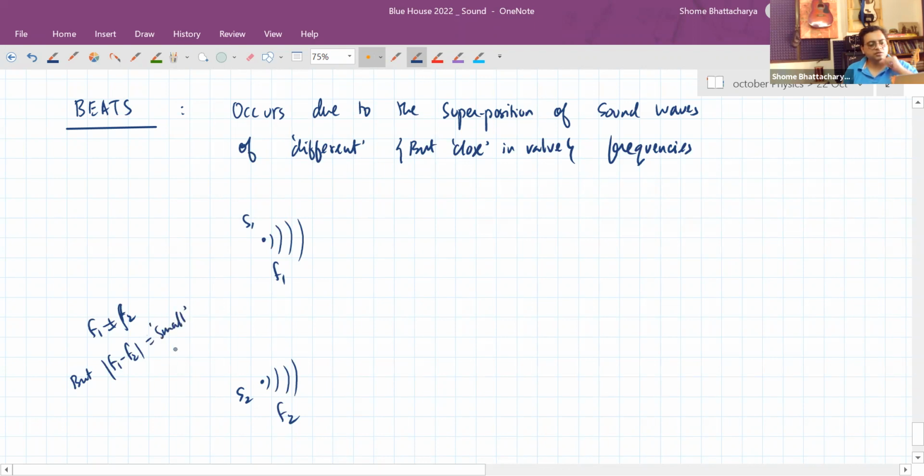So by small we mean it is less than or equal to about 5 hertz. So the difference in frequency should not be too high. In that case, the phenomena observed by a detector who is receiving sound from both the sources superimposed, that phenomena is called beats.